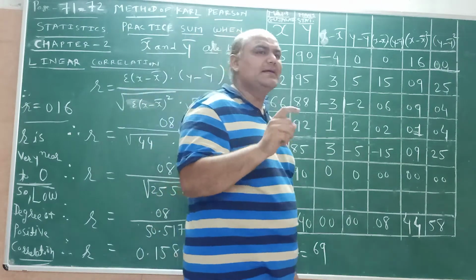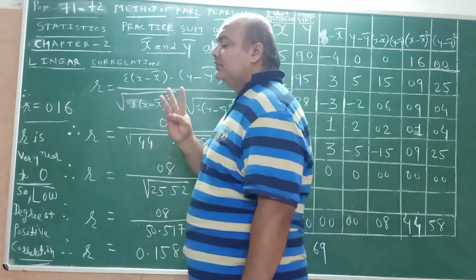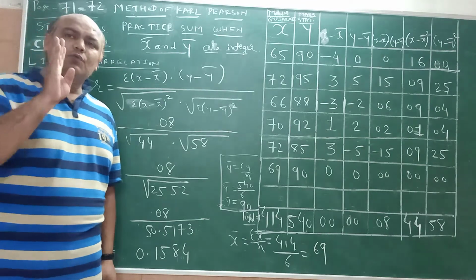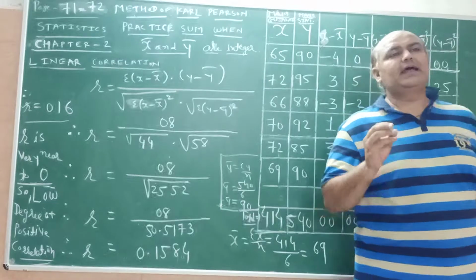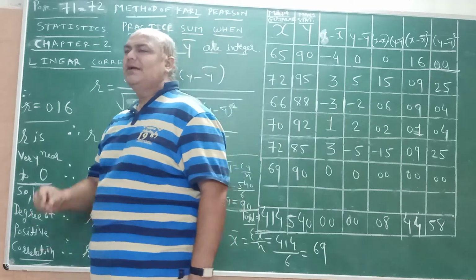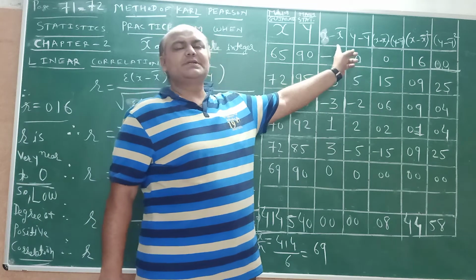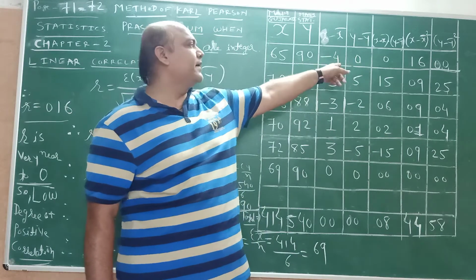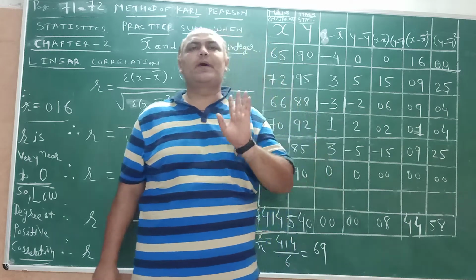First, x minus x bar; second, y minus y bar; third, (x minus x bar) into (y minus y bar); fourth, (x minus x bar) whole square; and fifth and last, (y minus y bar) whole square. Now here I draw all the 5 additional columns.